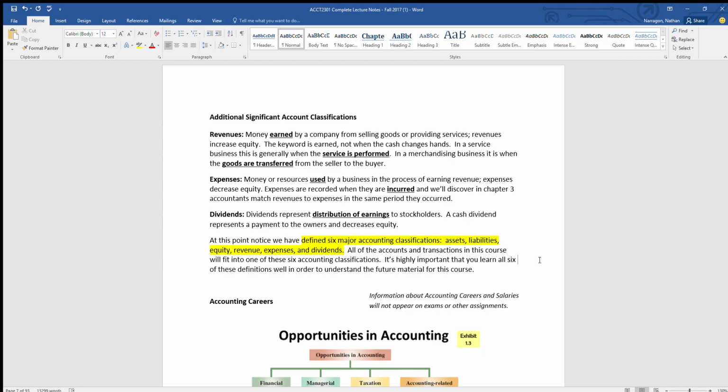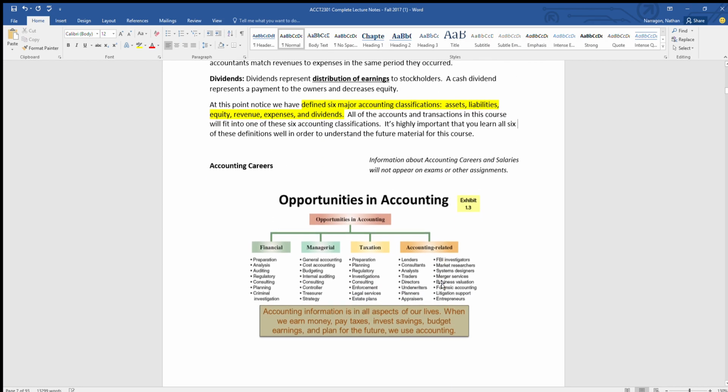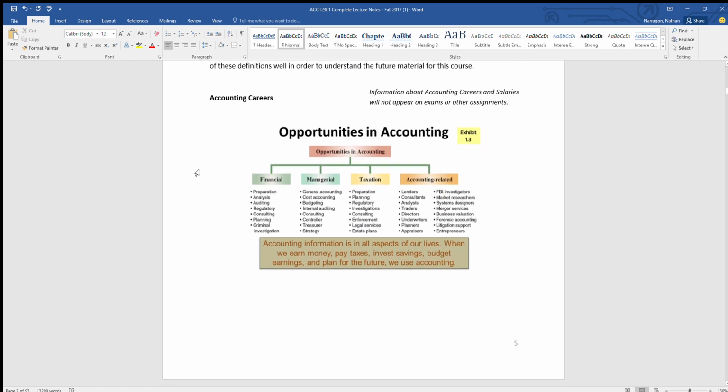All these transactions will fit somewhere in these 6 classifications. So keep an eye on this. We're going to get into Chapter 2 a little bit more with these 6 classifications. But with Chapter 1, we just want you to get, again, the basics.